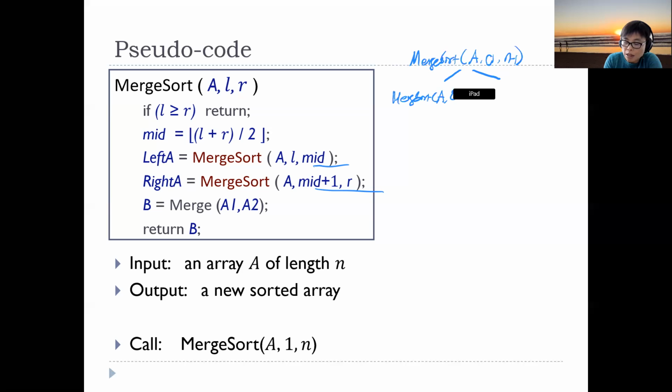Then from 0, the beginning, to the middle, which is n over 2. And then here, I'm going to do MergeSort from the middle to the end, right? So this is what we do.